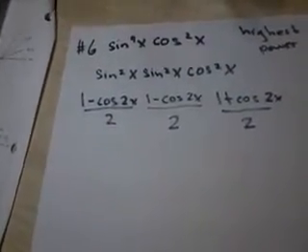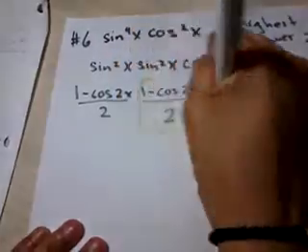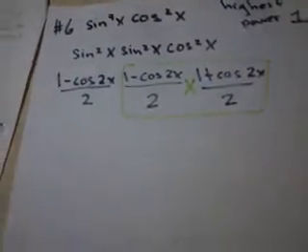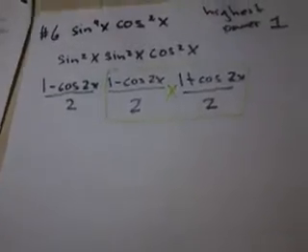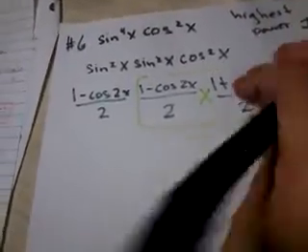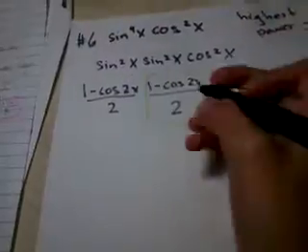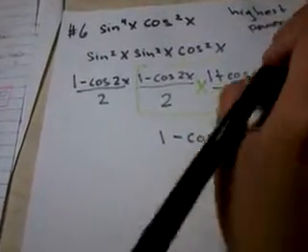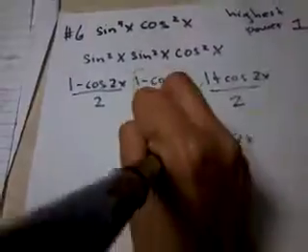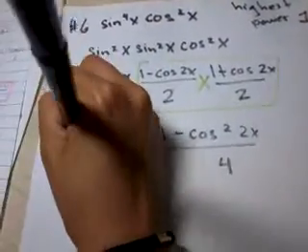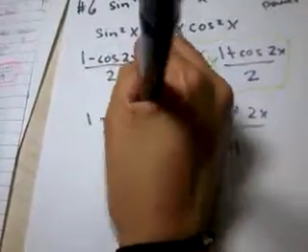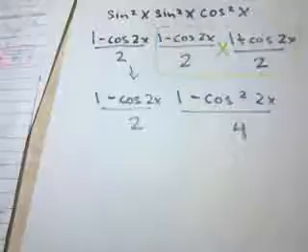What we're going to do next is multiply these two together, and we can use the box if it's easier. Once we multiply together, we get 1 minus cosine squared of 2x all over 4. And then this we just bring down, it stays the same, so times 1 minus cosine of 2x all over 2.